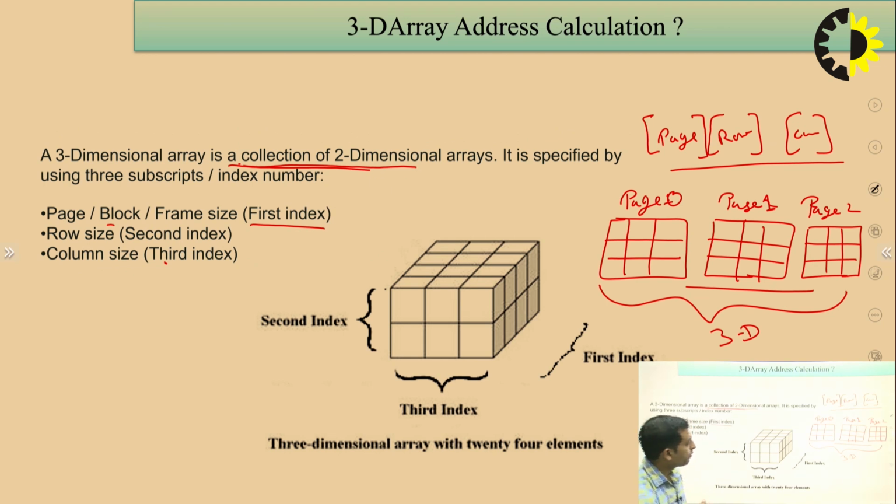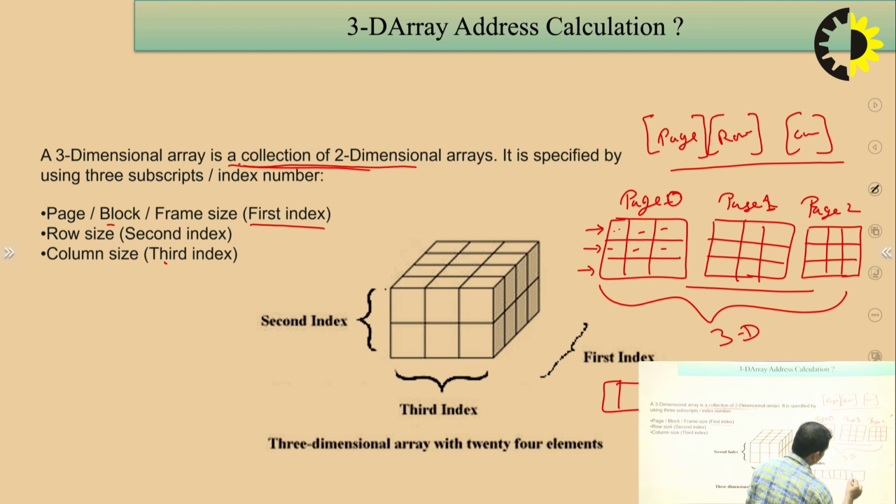In row major, all the elements are stored row wise. All the elements of the first page, page number 0, all the rows are stored: this row's elements are stored first, and then the second row of this particular page is stored here. Now the third one is stored here.